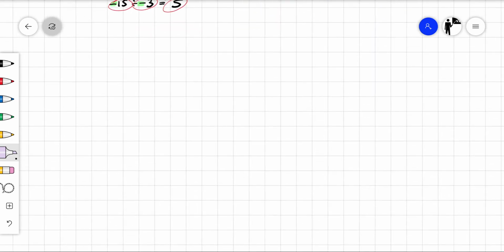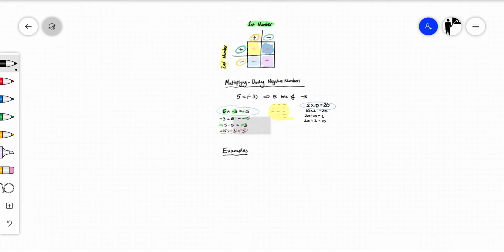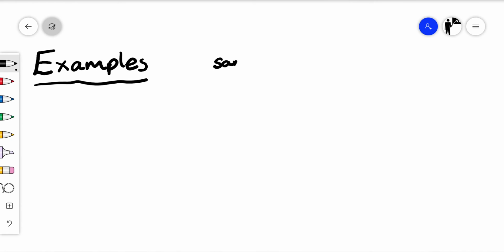We'll look through maybe 4 or 5 examples just to try and exemplify this. What I say to my pupils is, if the signs are the same, it's positive. That's when we're dealing with two numbers.